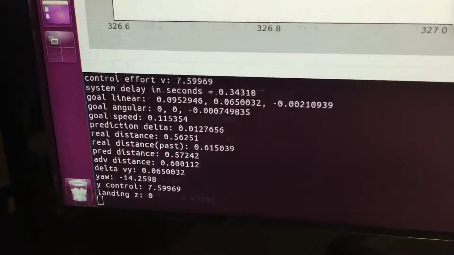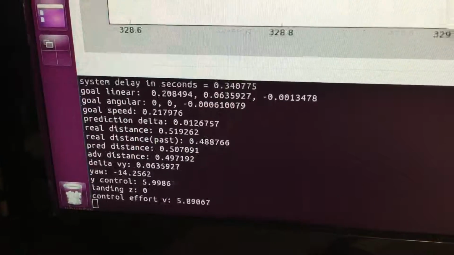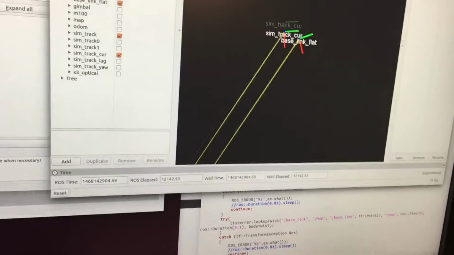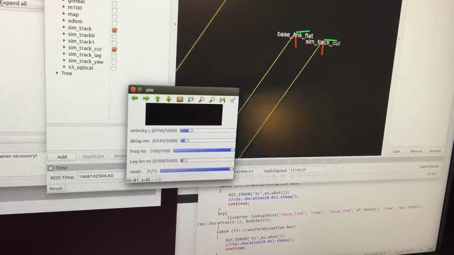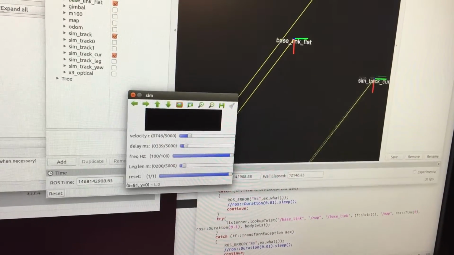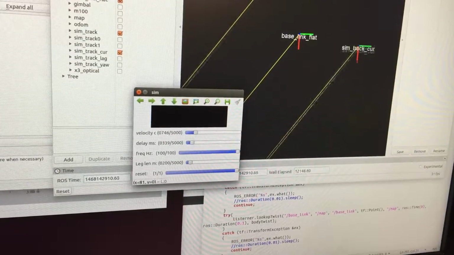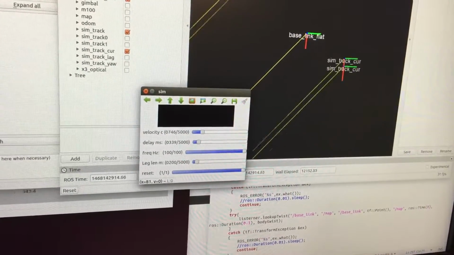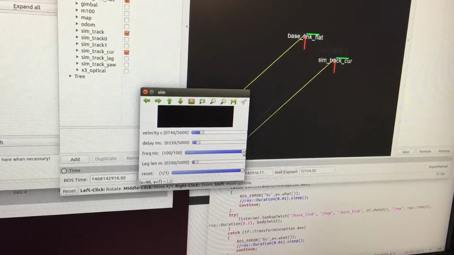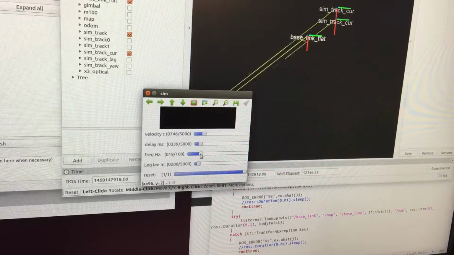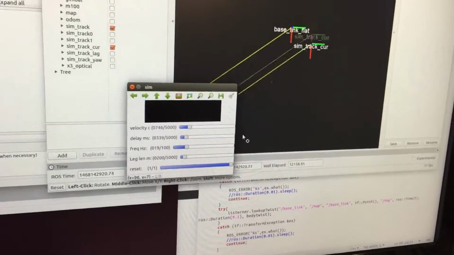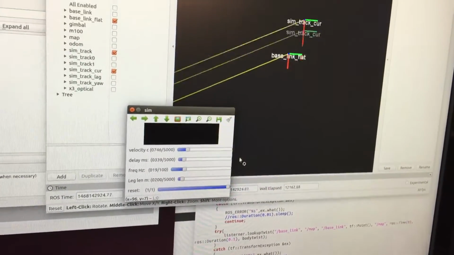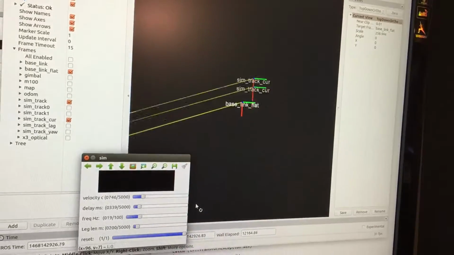It was in a turn before, so now it's getting out of the turn. The distance increase is about half a meter, and this is currently running at 7 meters per second with a delay of about a third of a second. The frequency doesn't really affect anything. I can tune it all the way down. The guidance sensors will be sampling at 20 Hertz, so this is probably a good simulation of exactly what will happen with the system.